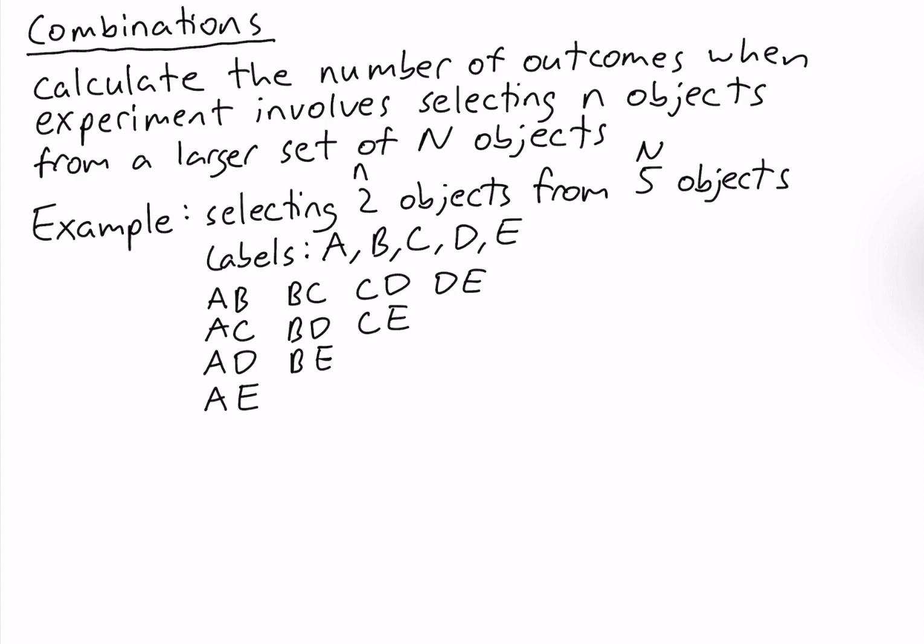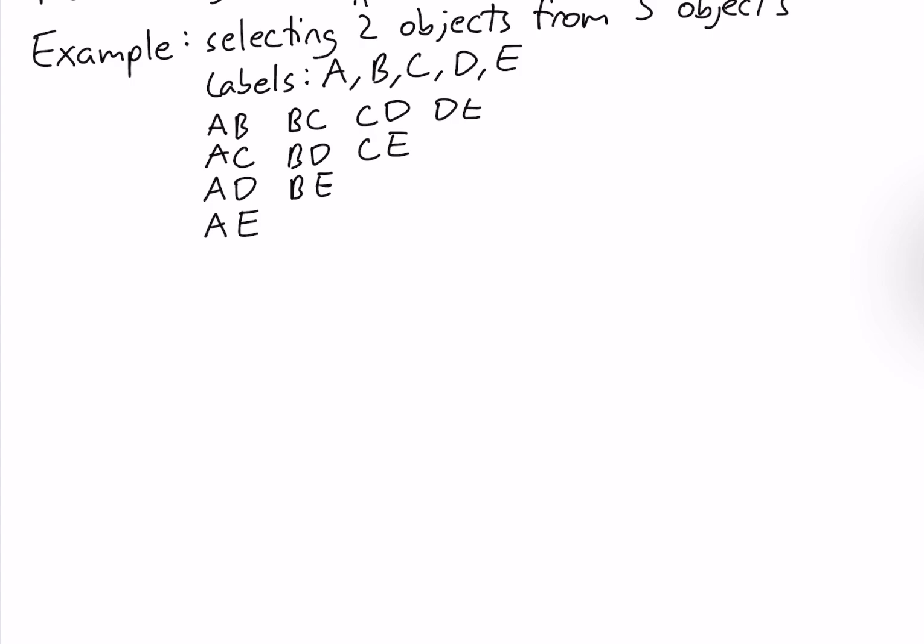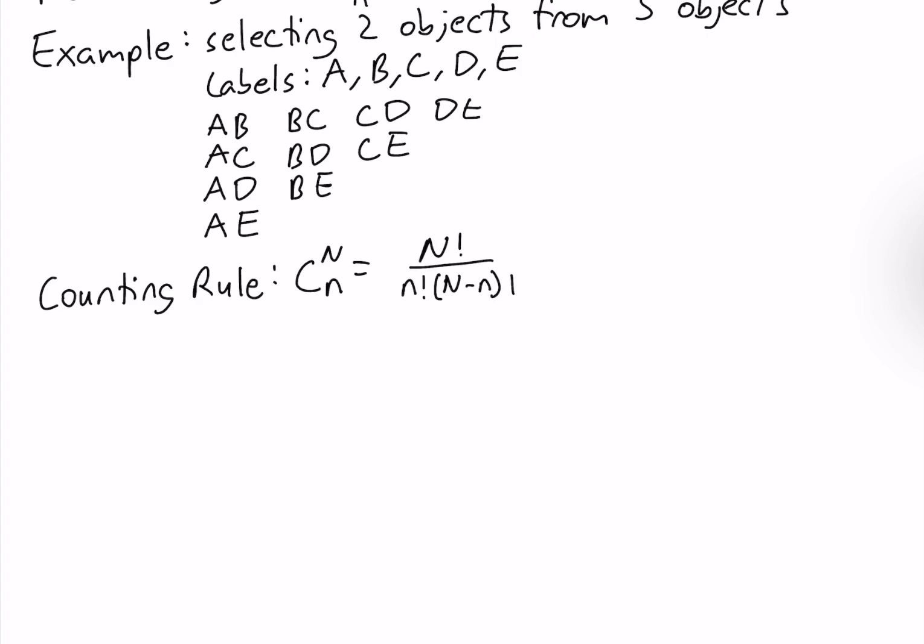Now, to get the same answer, instead of writing out all the outcomes, we could use the counting rule for combinations. And the counting rule for combinations says that when we're selecting lowercase n number of objects from a capital N number of objects, the total number of outcomes is capital N factorial over lowercase n factorial times capital N minus lowercase n factorial.